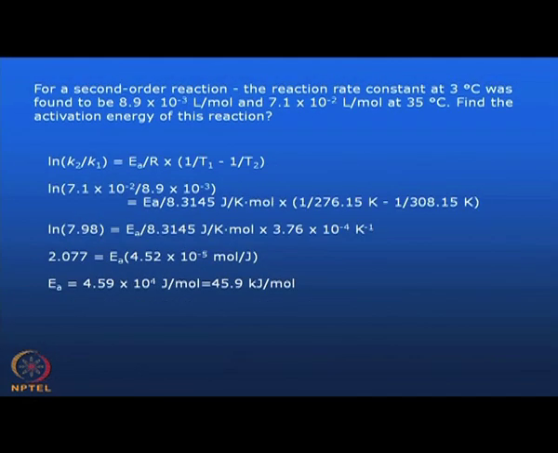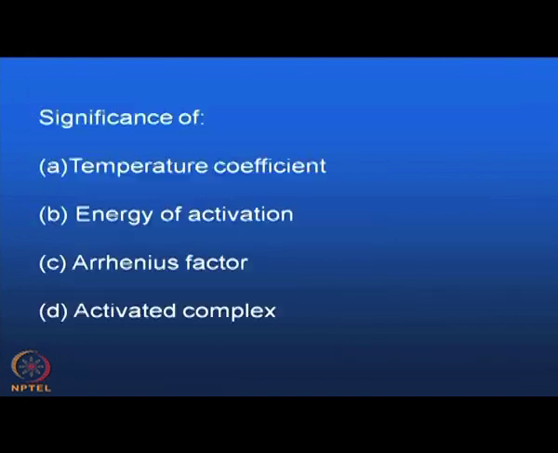And we have done a number of examples, and we also talked about the significance of the temperature coefficient, the energy of activation, which is a very important parameter, the Arrhenius factor, and also what is grossly meant by the term activated complex. Activated complex is basically an activated state, a kind of complex formation in the activated state.